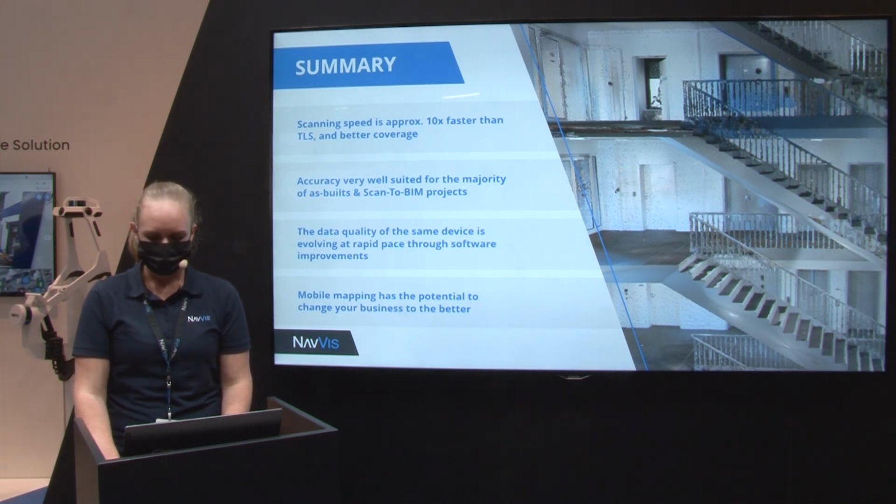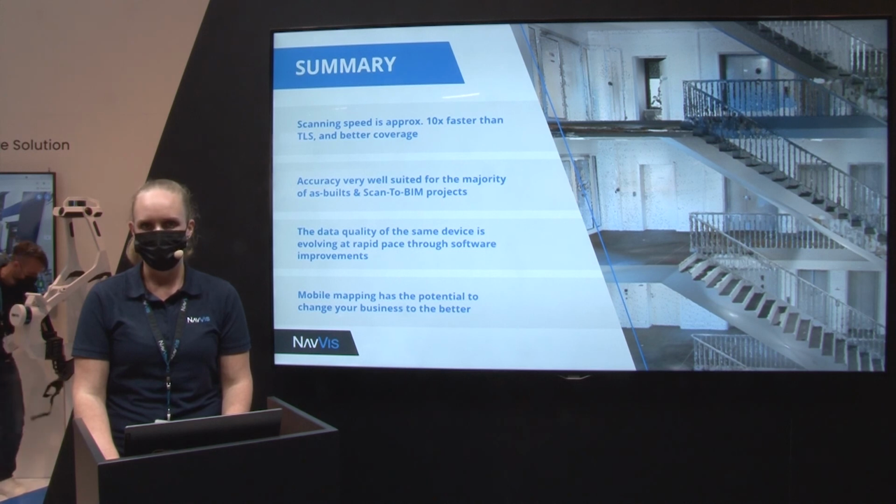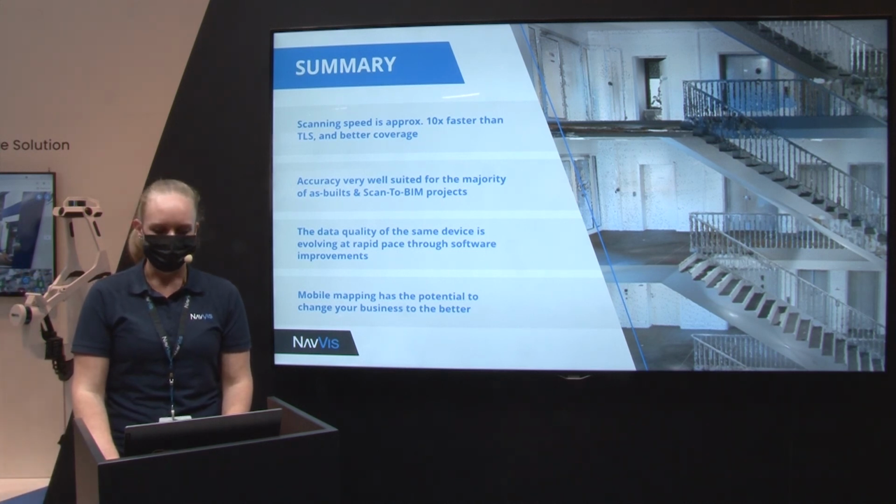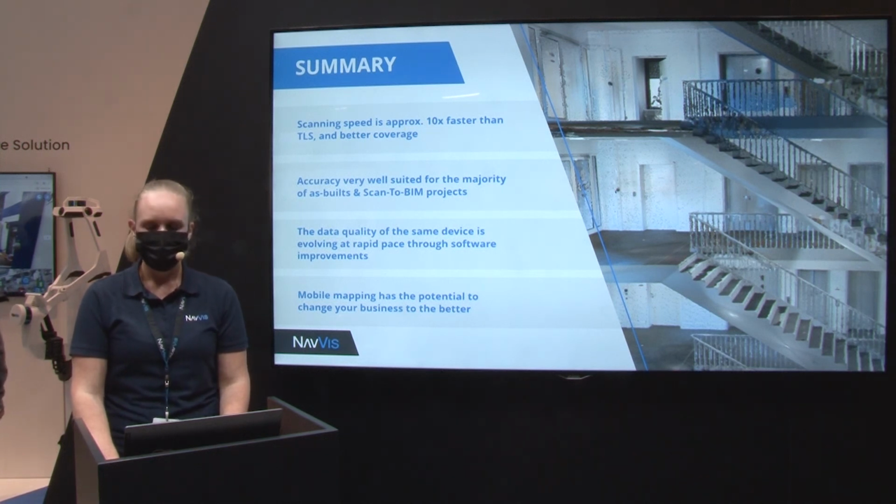So the accuracy actually increases. And last but not least, you can easily combine your solutions with our solutions. So either bring the NavVis data into the world where you're in already, or the other way around. Just take the data from the other manufacturers and bring them into the NavVis world. And that can definitely change your business to the better.